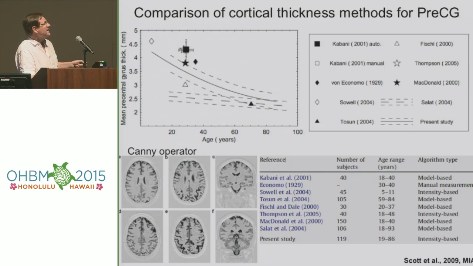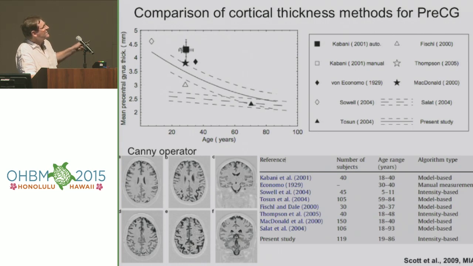Scott, in 2009, also applied a voxel-based approach. He used a Canny operator. For those Brits in the audience, I always wanted to say canny operator. This is much the same general schema as Jones and Hutton, and they came up with a validation scheme which showed pretty reasonable results in comparing their measures of cortical thickness with a variety of manual and automated validation studies, all presented here.